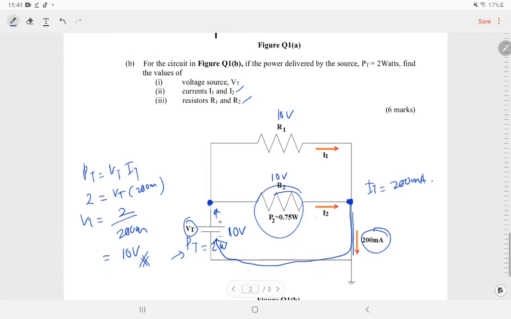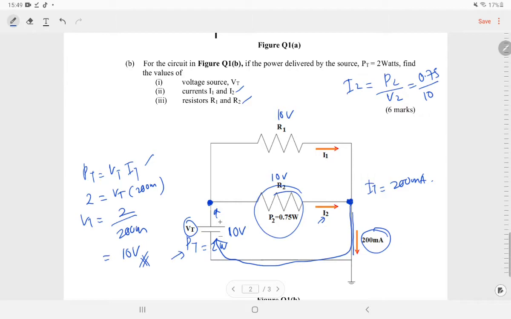So therefore you can find current with a similar method, which is I2 can be found using I2 is P2 divided by V2. Okay, P2 divided by V2, 0.75 divided by 10.